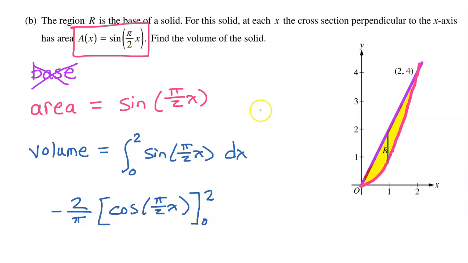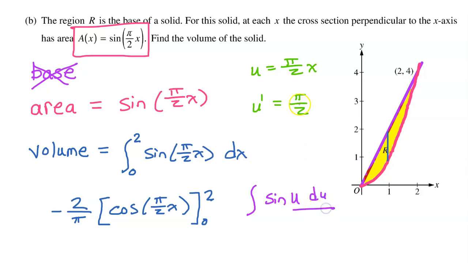But now let me go back and show the mental u substitution. So I'm letting u equal pi over 2x, which means that u prime is going to equal pi over 2. So when you do your substitution, what you do is you write your integral, and then you say, okay, I now have the sine of u, but instead of dx, you write du divided by u prime, which is pi over 2.